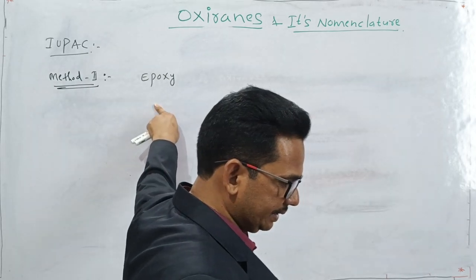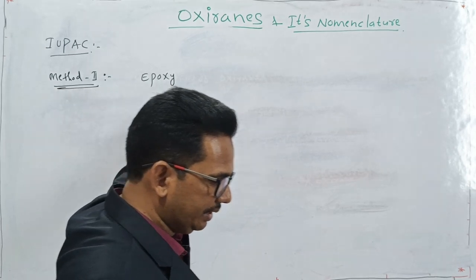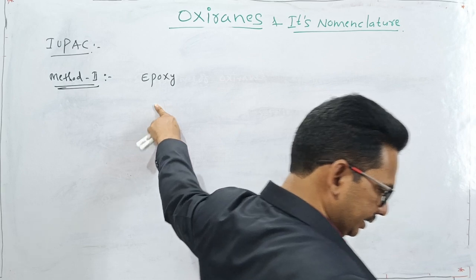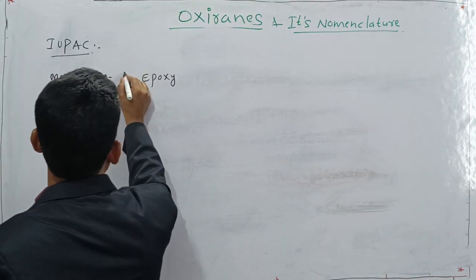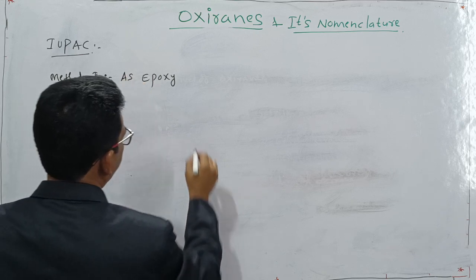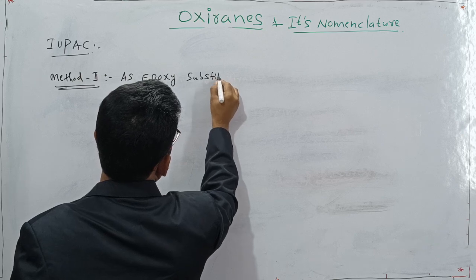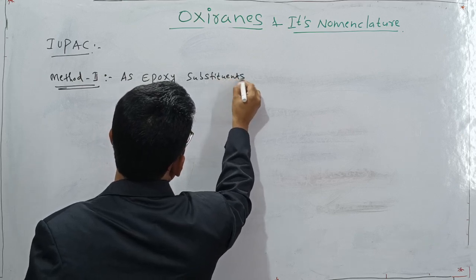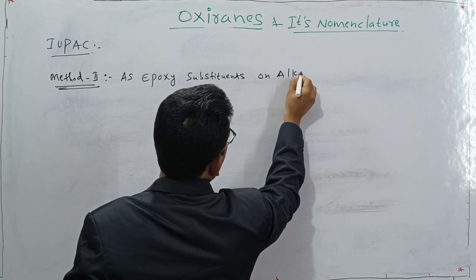Epoxy will be present on the alkanes. Epoxy, where it is present on the alkanes. That's why we are writing these as epoxy substituents on alkane.